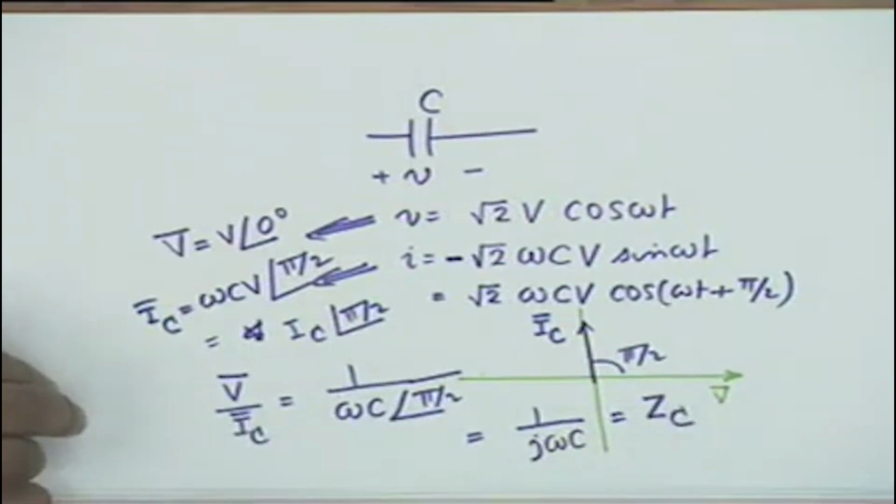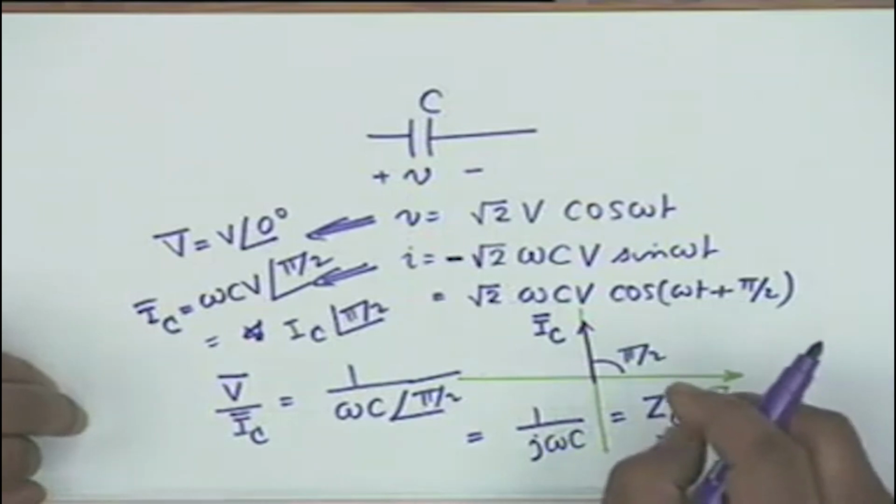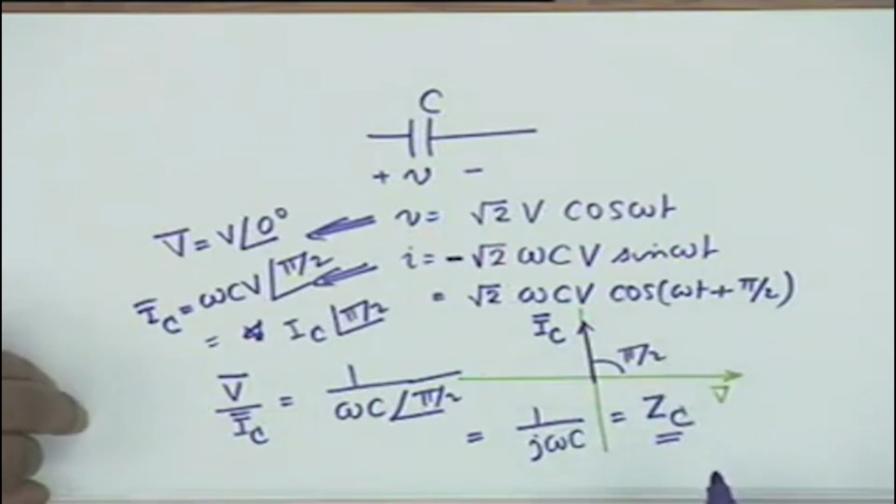Is that okay? Impedance ZC is not a phasor. It is simply a complex quantity, and you notice that it is quite in tune with the definition of an impedance for e to the st excitation.